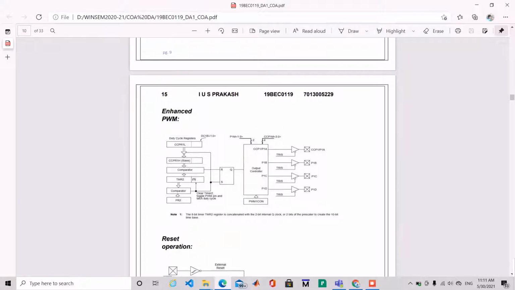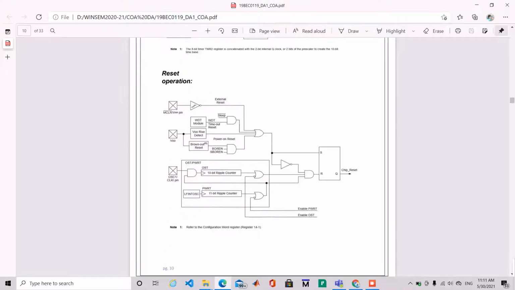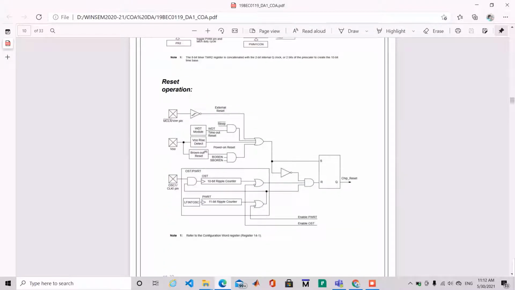It was the enhanced PWM mode. In this, the 8-bit timer TMR2 register is concatenated with the 2-bit internal Q clock or 2 bits of the prescaler to create the 10-bit time base. Plus the reset operation. It referred to the configuration mode register.